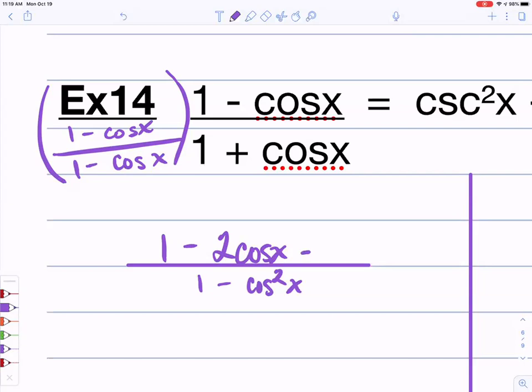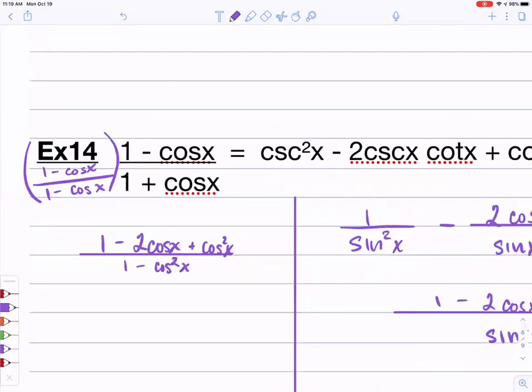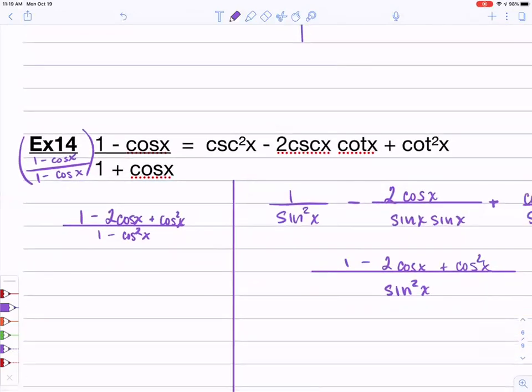So that's going to be what? Sorry, it's a negative times a negative, which is a positive cosine squared. Hey, let's go check that with the other side. Wait, what do you see? They're the same numerator.